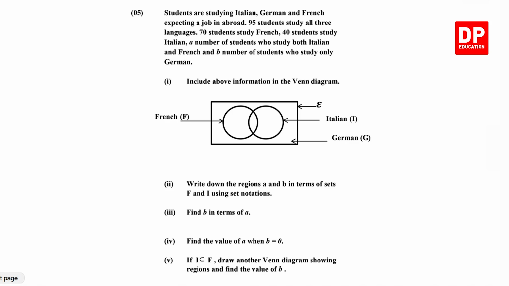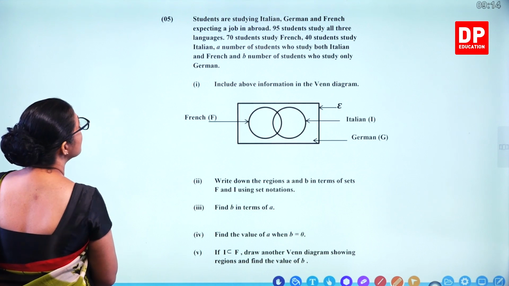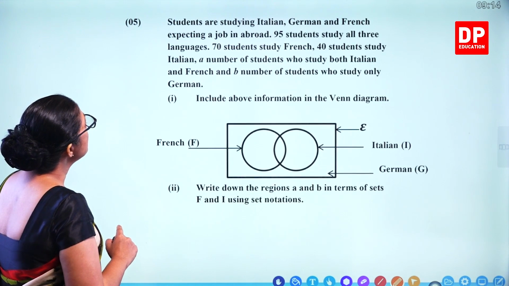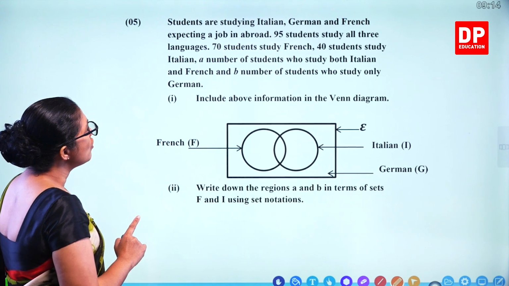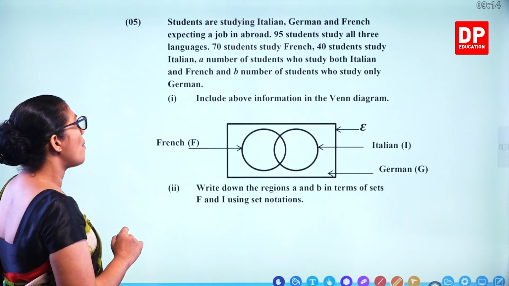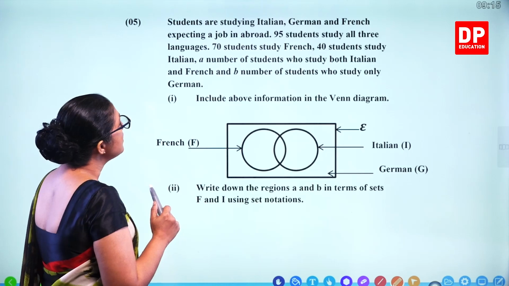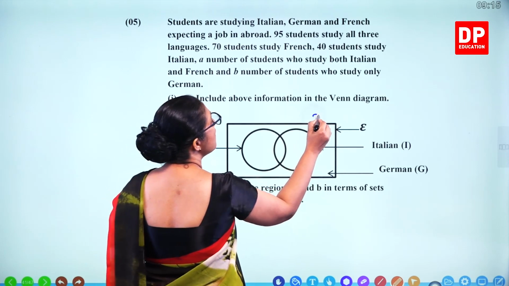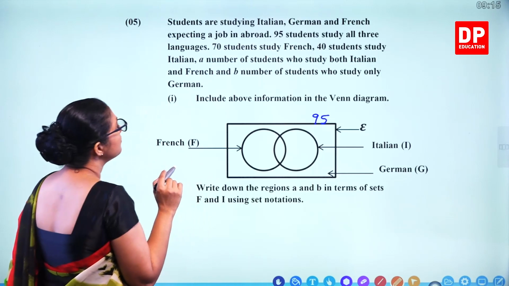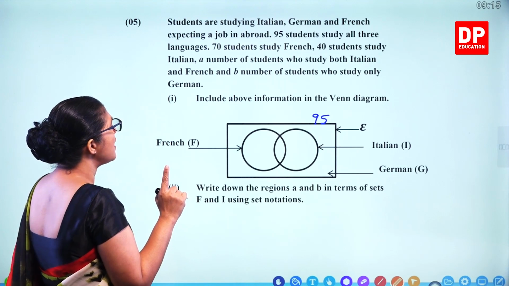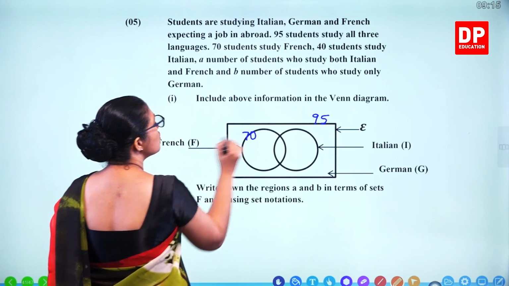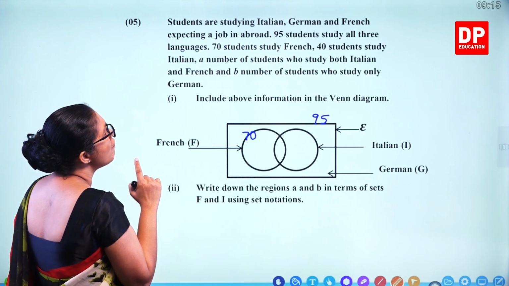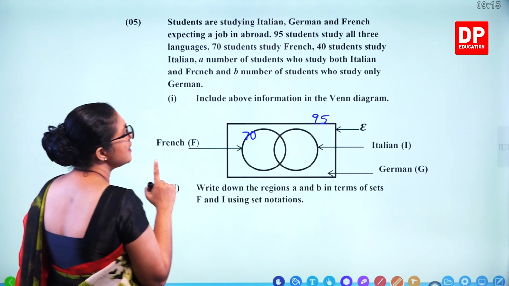Question number 5 is about Venn diagrams. Students are studying Italian, German and French, expecting a job abroad. 95 students study all 3 languages. So, that means 95 is the whole set. And it says 70 students study French. 40 students study Italian.